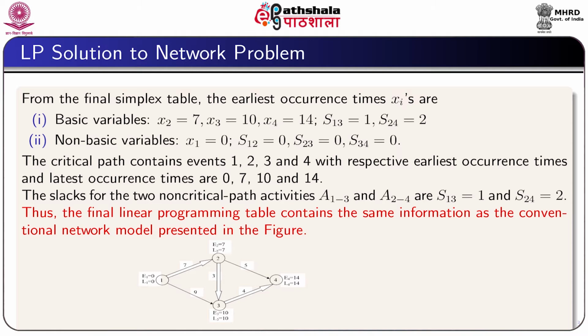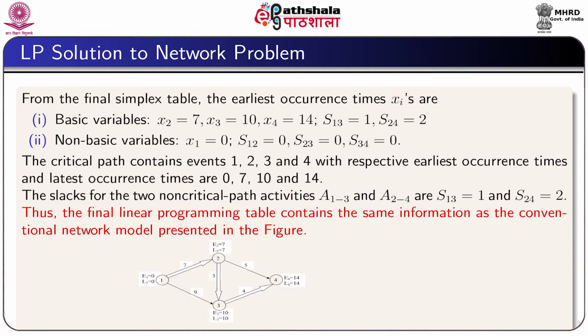This means that the critical path contains events 1, 2, 3, 4 with respective earliest occurrence times and the latest occurrence times 0, 7, 10 and 14.